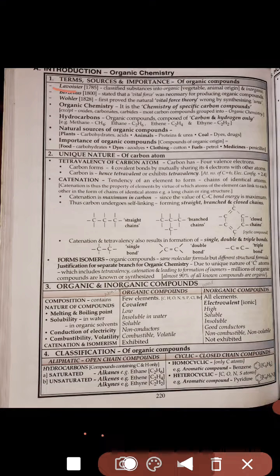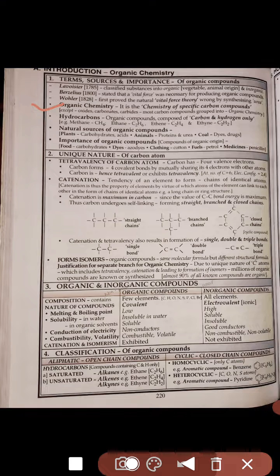Now organic chemistry is the chemistry of specific carbon compounds, as mentioned. It is a study of the specific carbon compounds. The unique property of carbon is almost wholly responsible for their production, although hydrogen is involved as well, because these compounds are basically hydrocarbons. A hydrocarbon is a compound containing carbon and hydrogen only.